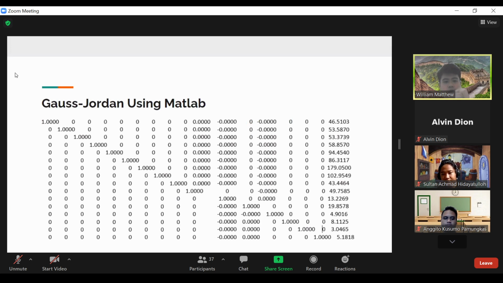Okay, so to solve the linear equation into temperature values, we are using the Gauss-Jordan method. We are using the Gauss-Jordan method because the matrix of the linear algebra equation cannot form a diagonally dominant matrix. Meanwhile, when we tried it with the Gauss-Seidel method, the difference between the known temperature and the unknown temperature is large.